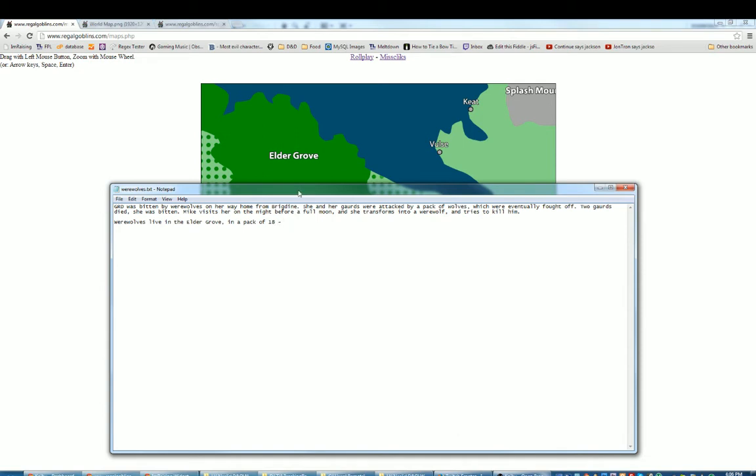Let's say 4 males, 4 females. That's 8. That leaves 10 cubs. Let's do 6 cubs under 60%, which means that they get hidden away for safety.